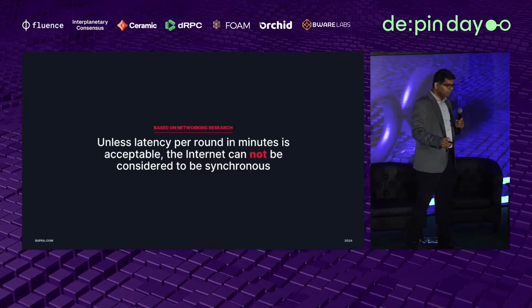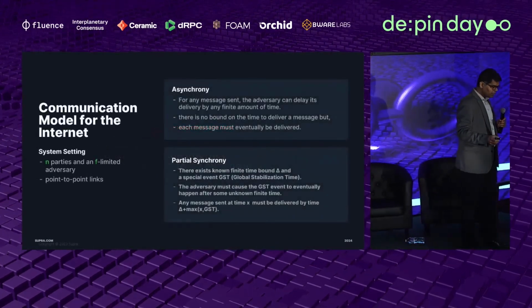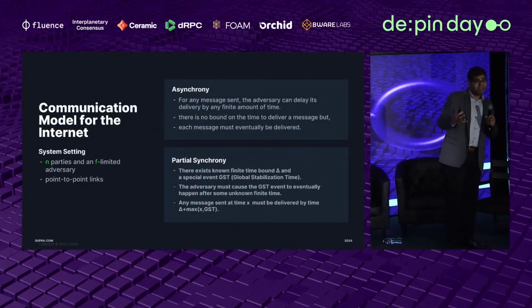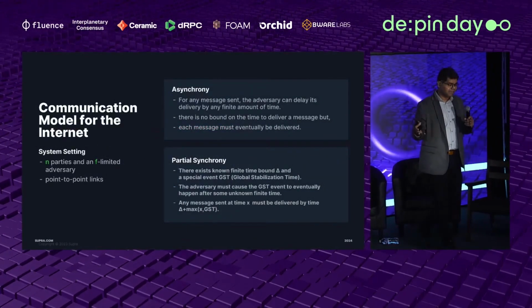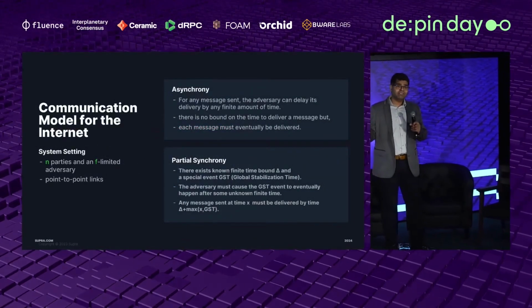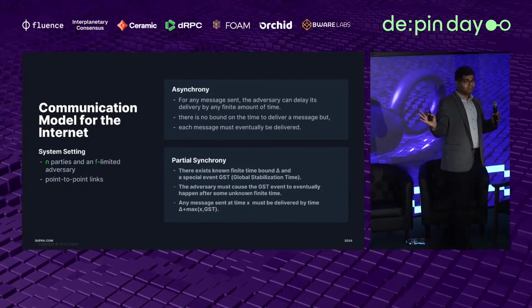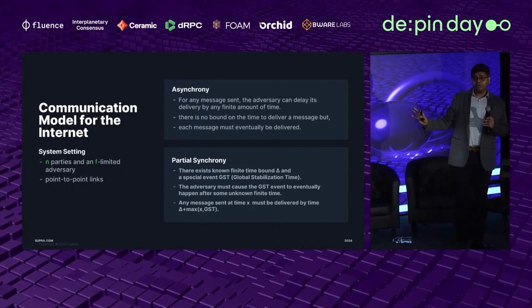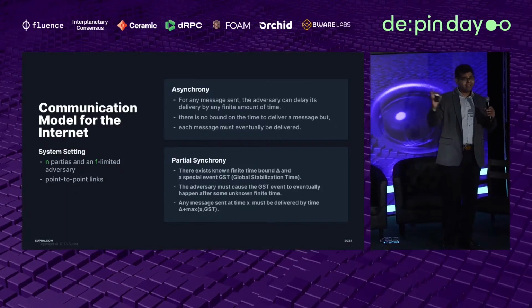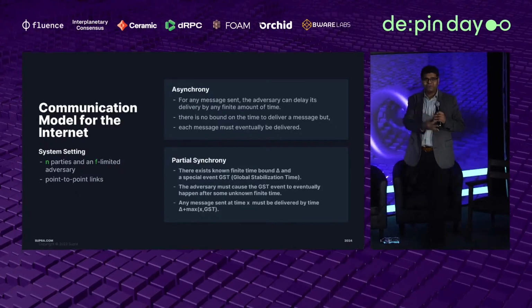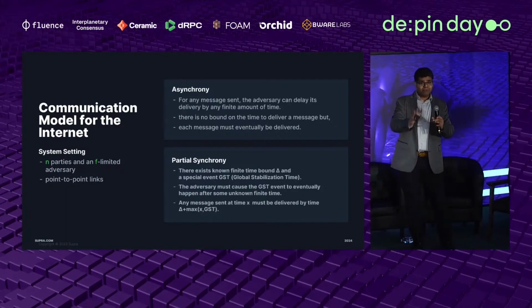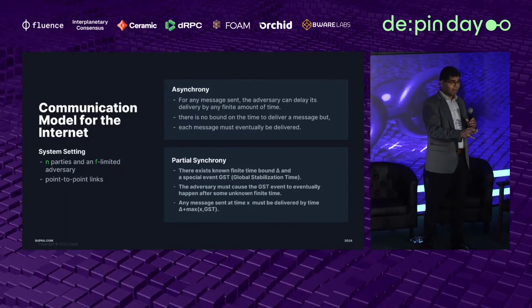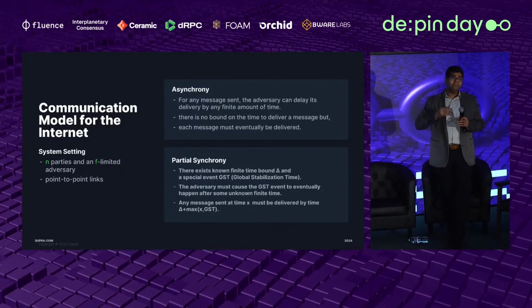So instead, the model that is more meaningful for the internet is what we call asynchrony, which means there is no guarantee of when a message will arrive, but it will not get dropped. Eventually it will reach, like email. Sometimes you get an email which was supposed to come yesterday and just came today. It happens irregularly, but it can happen, and the aim is to be prepared for that.